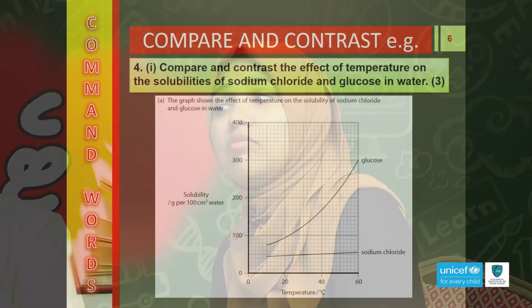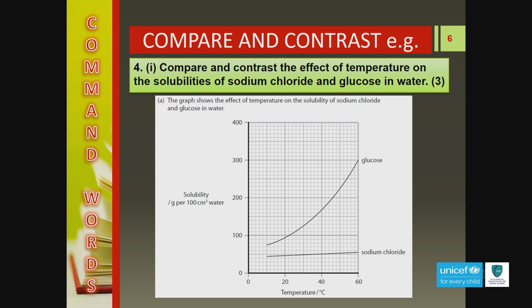It increases exponentially, not linearly. The other thing students might want to focus on is what is happening to the solubility. For glucose, the solubility increases more than for sodium chloride, as you can see from the graph. So these are the similarities and differences that students can talk about.